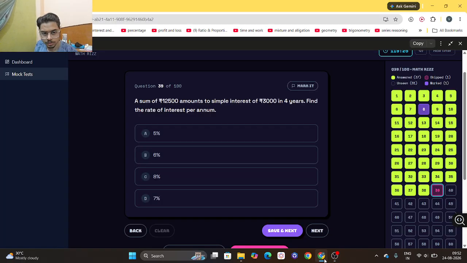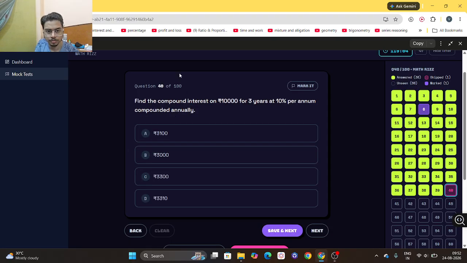Check again: 3,000 equals 12,500 into R into 4 upon 100, so 6%.